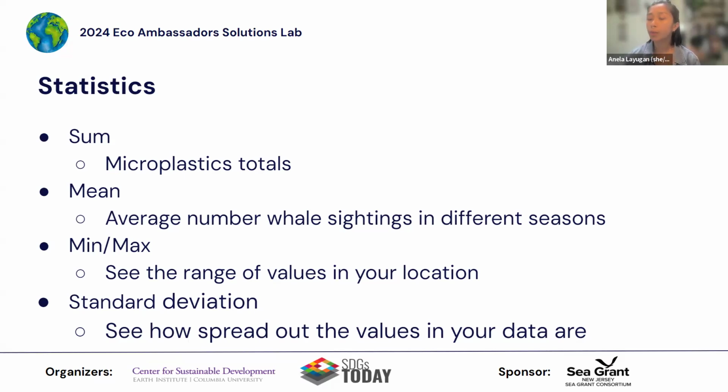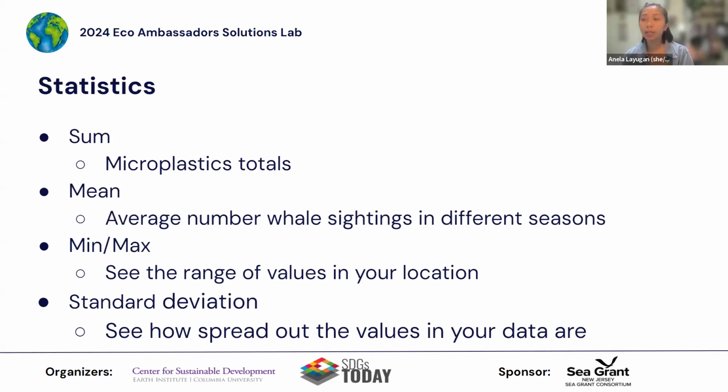One thing that I've seen some students and researchers do is take the average number of a certain species in a location in one season, and then do the same calculation in a different season. Then you can see how different species have migrated over time. That might be an interesting use case if you're working with any animals or species in your projects.